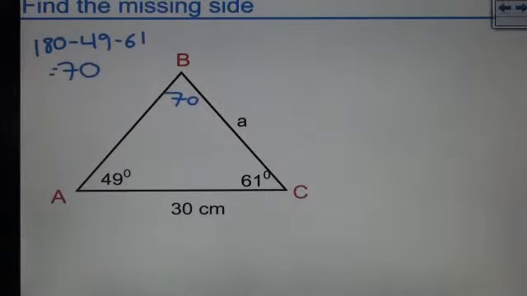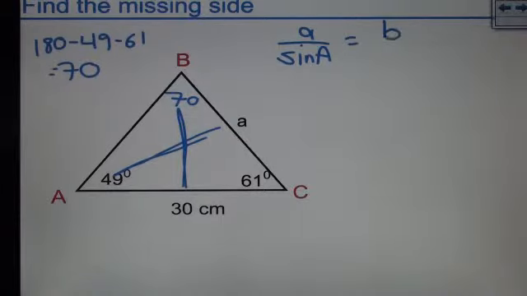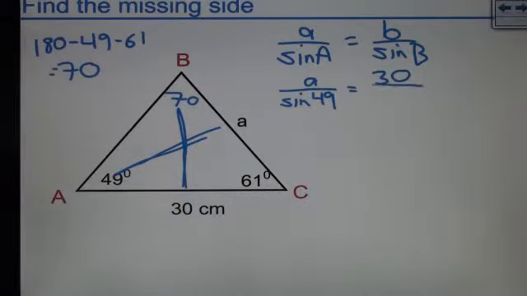Well, we are looking for A, so we can say A over sine A, and then we're going to use 30 and 70, so we would say B over sine B. We then fill in our numbers. A over sine 49 equals 30 over sine 70.